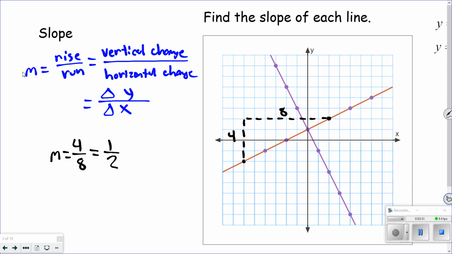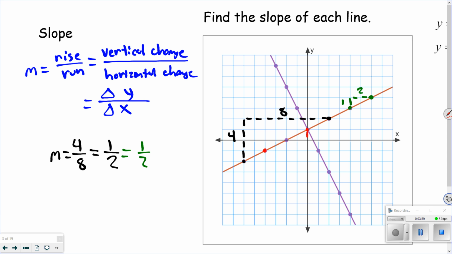Now, if we pick 2 other points on that line, we could go from this point to this point. That's up 1, and it's over 2. That comes out to be 1 over 2. It's the same slope. So it doesn't matter which 2 points you pick. You could also pick these 2 points right there, and go from right to left.